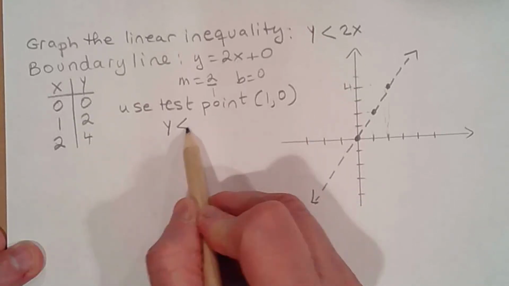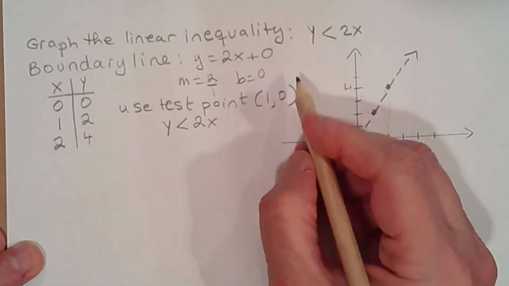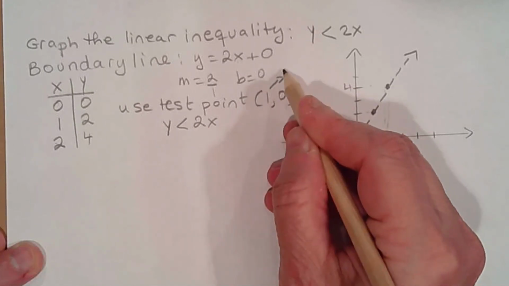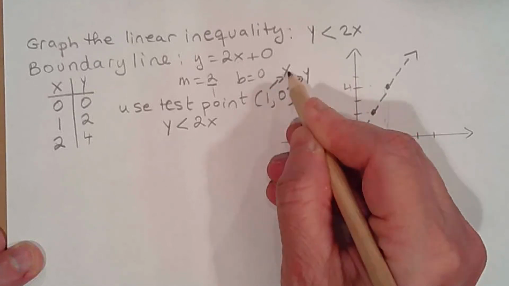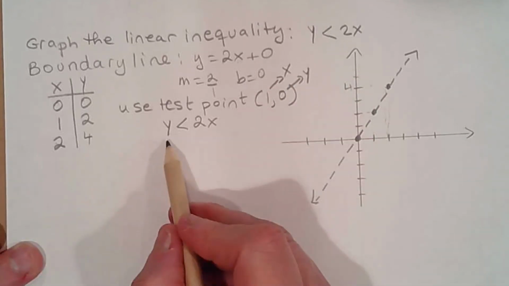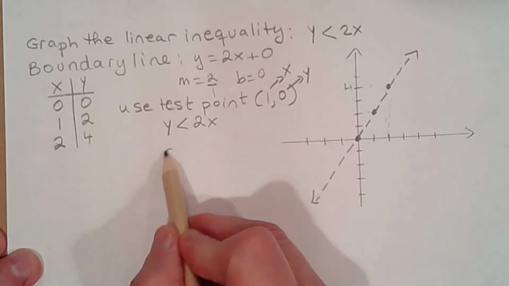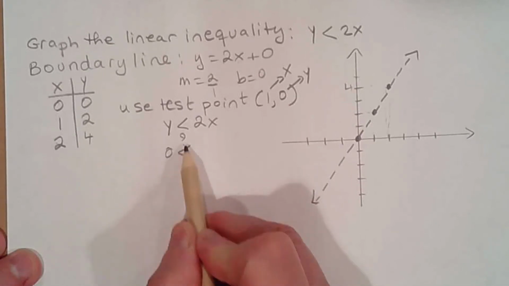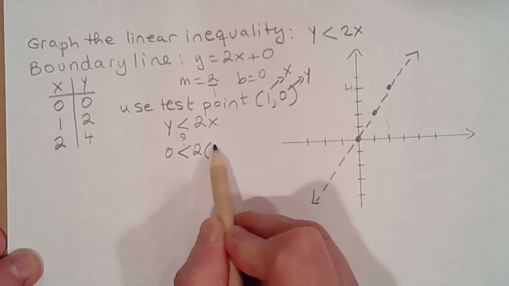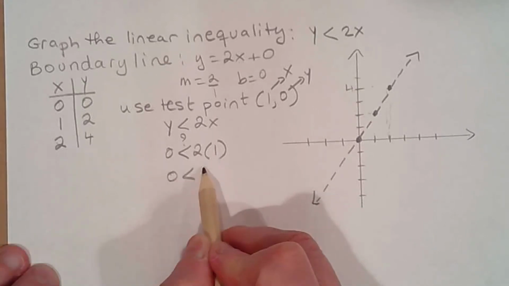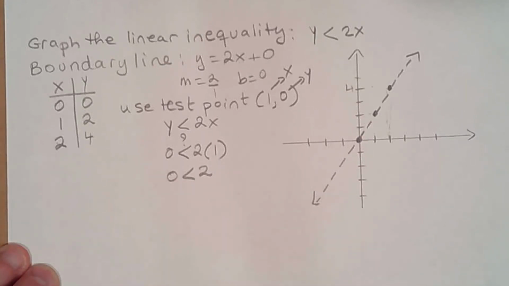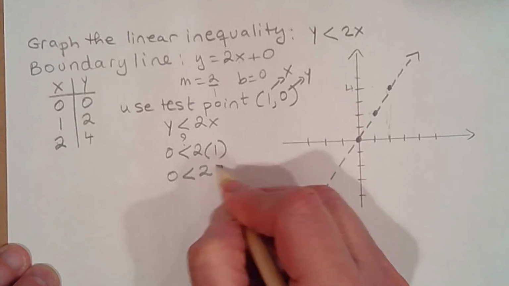y less than 2x, so x is 1 and y is 0. So let's see, plug in 0 instead of y: is 0 less than 2 times x, which is 2 times 1? Is 0 less than 2 times 1, which is 2? Yeah, that's a true statement. What does that mean?